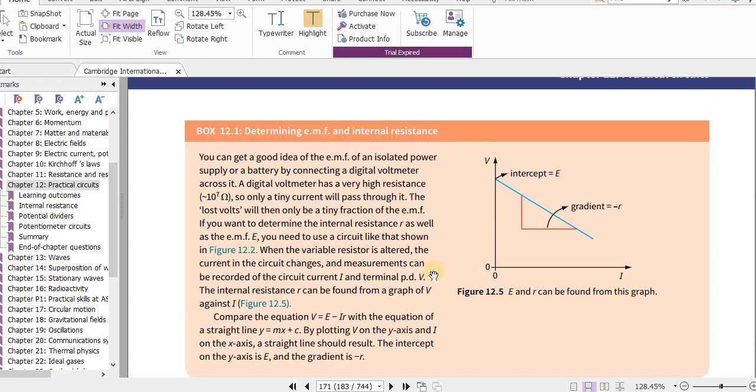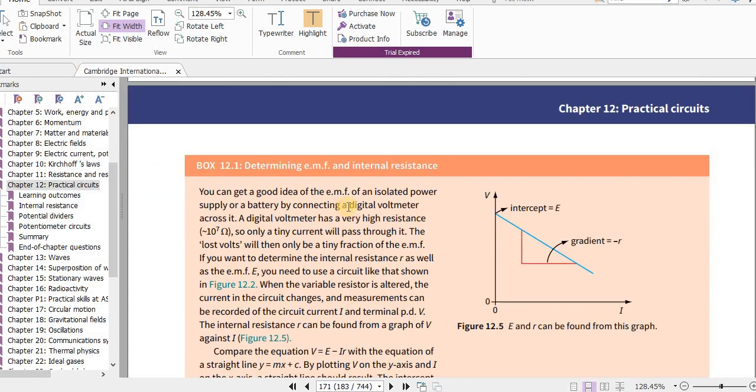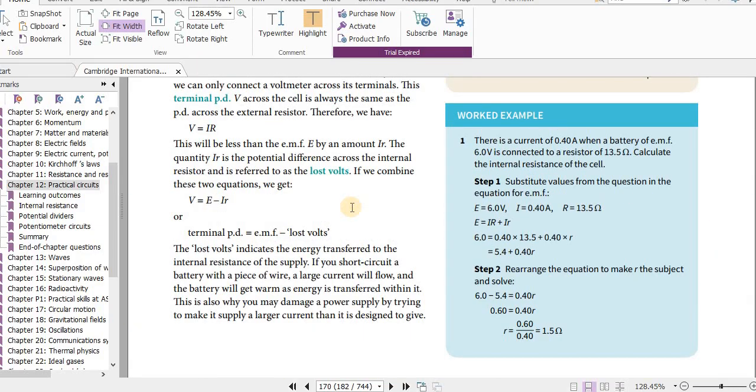So what happens is, when you connect a voltmeter directly across the battery, cell or power supply without any other component, there is no external resistance, and the voltmeter has a very high resistance, so a very small current passes through the voltmeter, which effectively makes this term 0. If you understand, the current is very small when you connect a voltmeter.